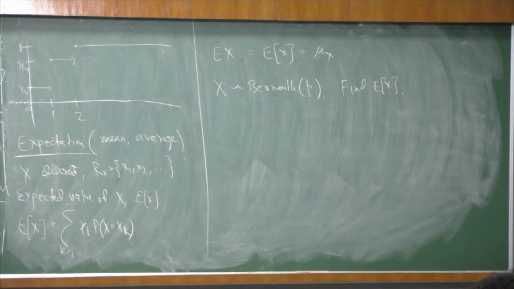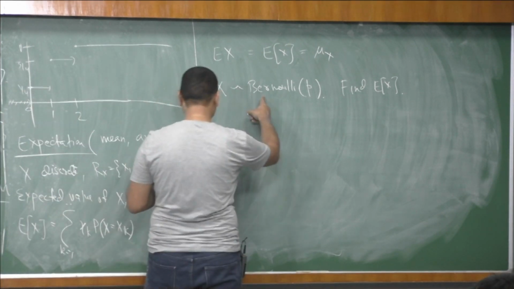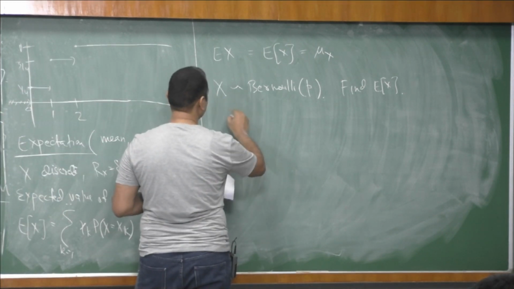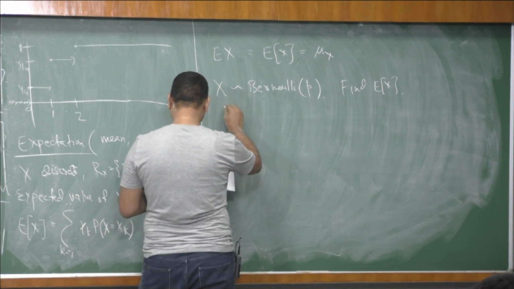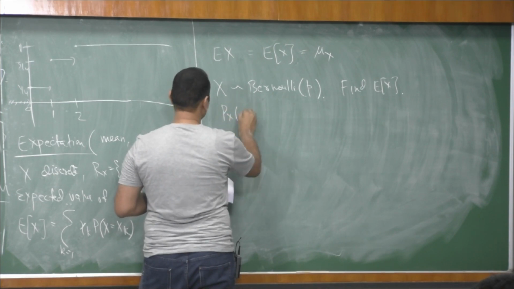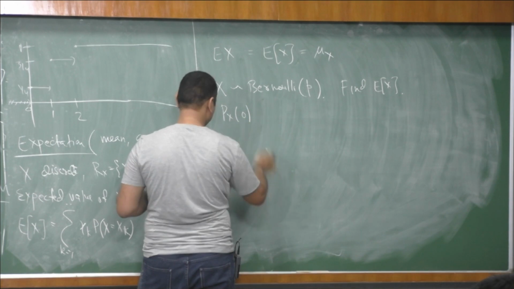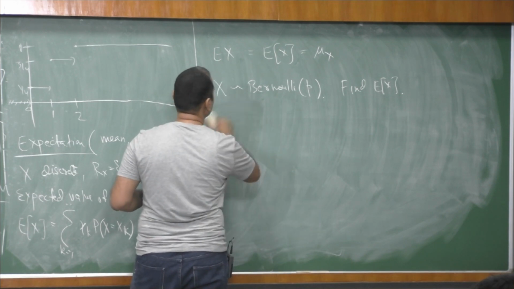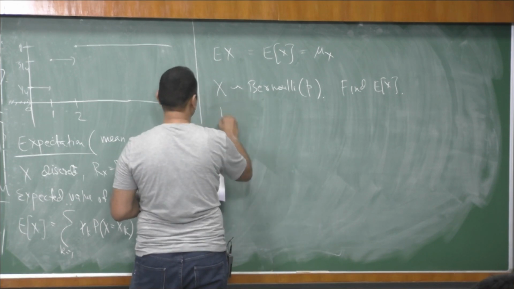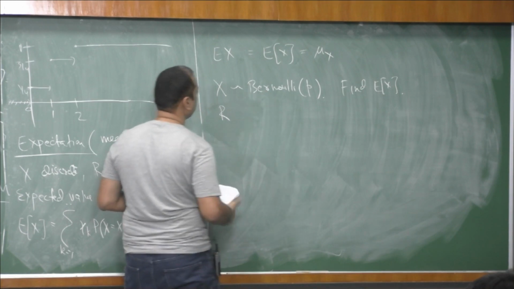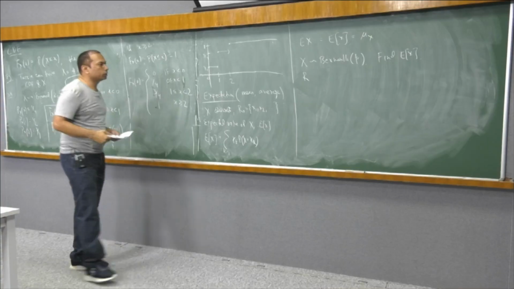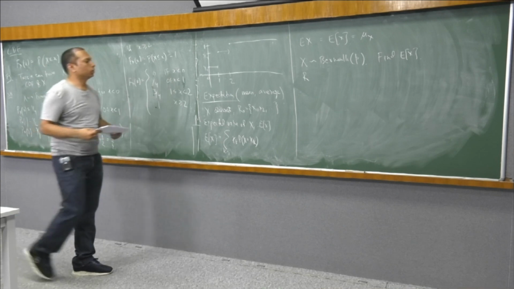So let us recall the Bernoulli PMF. First thing is the range, so let us write it down. Since Bernoulli stands for coin toss, the range can be encoded as 0 or 1.